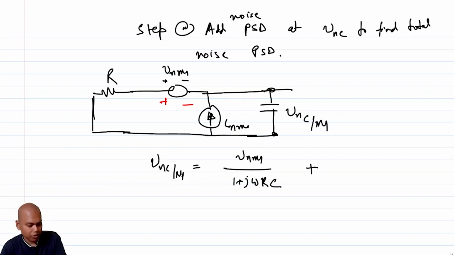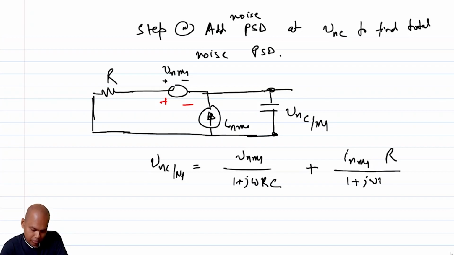Now in step 2, if I desensitize the voltage source, that is, set VNM1 to 0, and use only the current source, then the current source flows into a parallel combination of R and C. So I will get INM1 times R by 1 plus j omega RC, right?